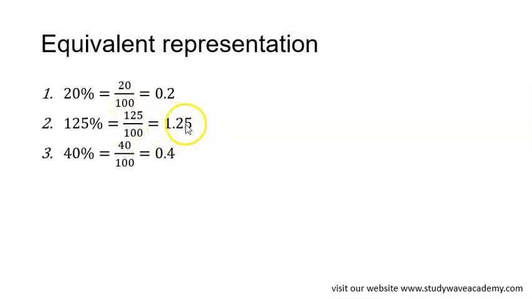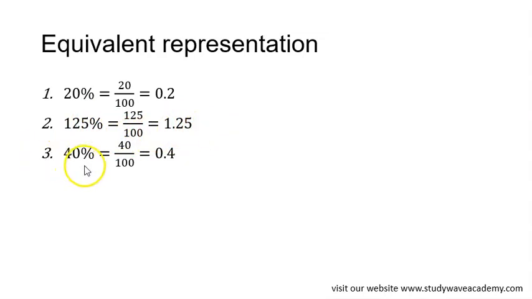So 1.25 is equivalent to 125%. 125 over 100 is equivalent to 125%. That is what we mean, okay? Do you understand? 1.25 is equivalent to this and is also equivalent to 125%.